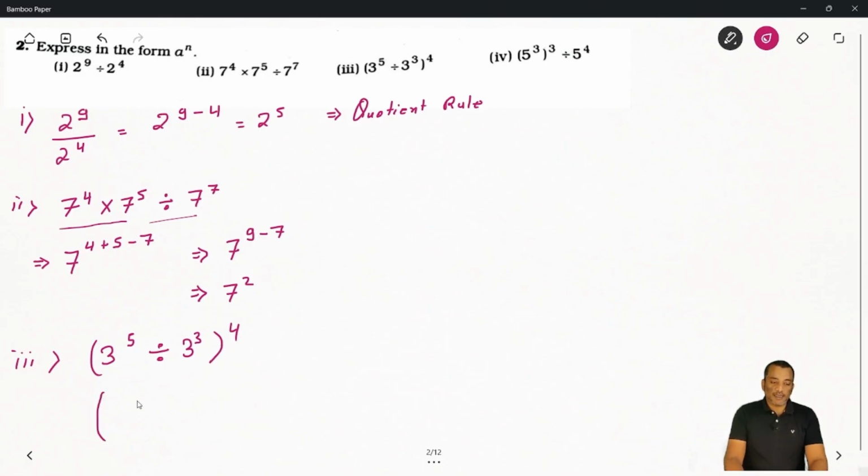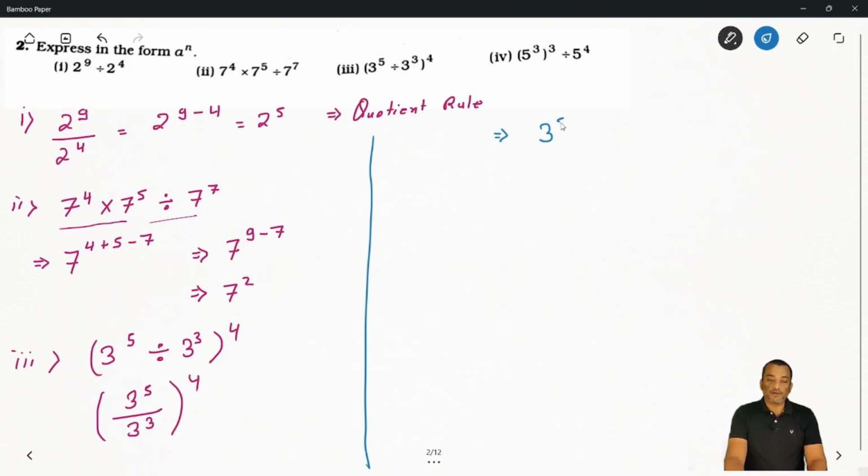So inside a bracket we write 3 to power 5 divided by 3 to power 3 and whole is 4. Now after that we will apply here what? The quotient rule. So we can say 3 to power 5 minus 3 and whole is 4. So how much will we get? 3 to power 2 and whole is 4.